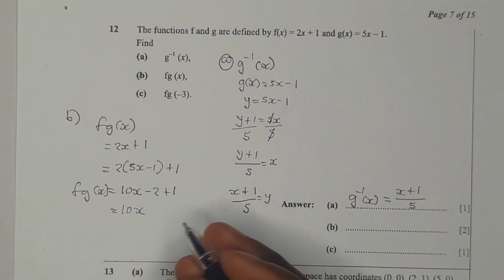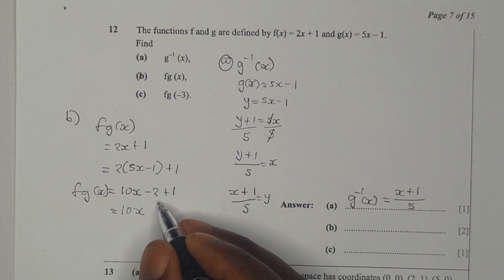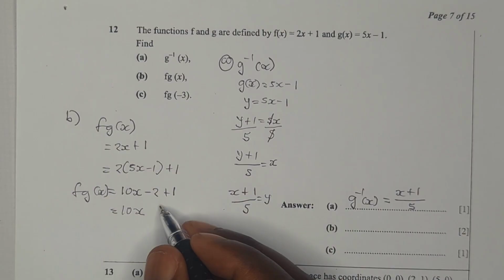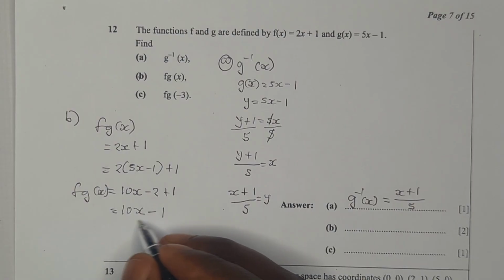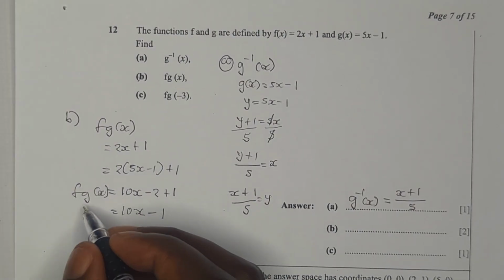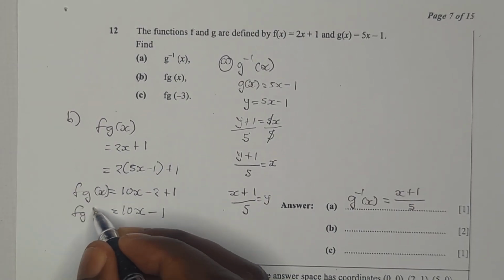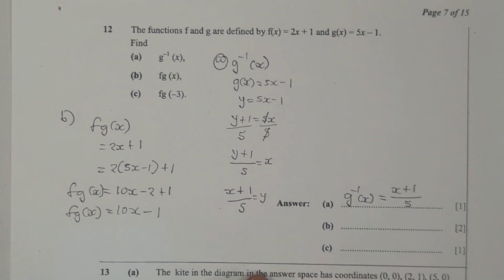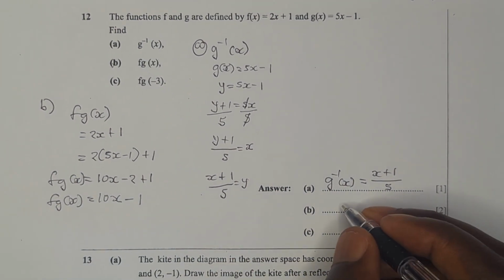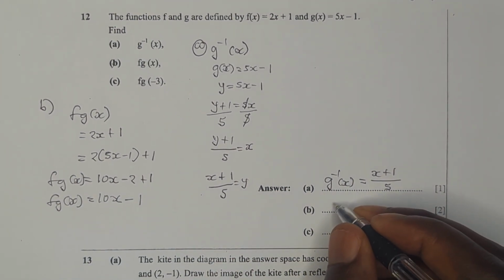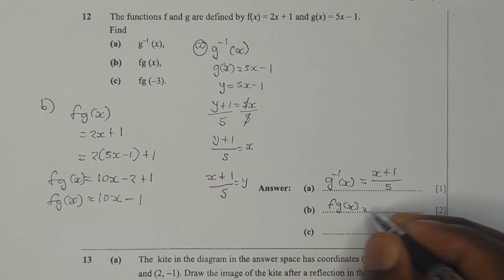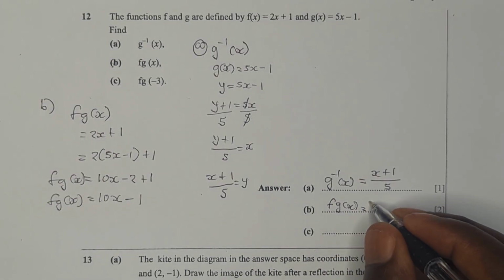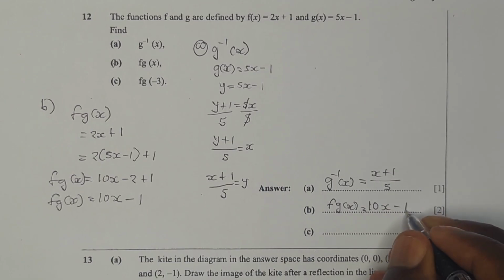When the signs are different, we subtract and take the sign of the bigger number. So this will give us -1. So for number B, our answer is fg of x is equal to 10x minus 1.